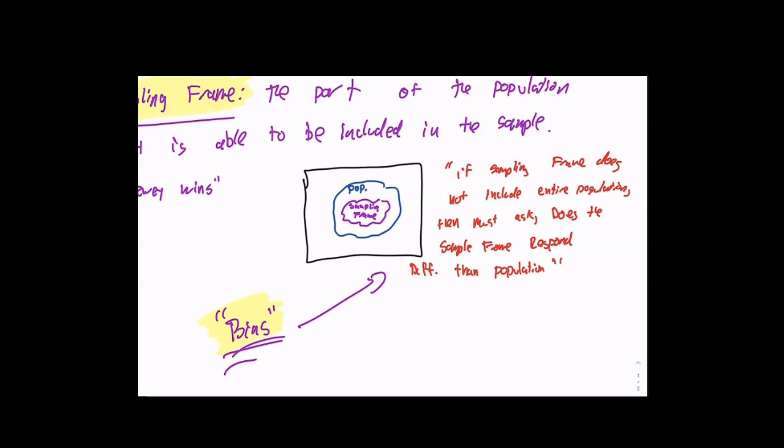But if I have a poor sampling frame, or if I take a sample that's terrible, then my responses will most likely be less than the population. So if I got a response of, let's say, 30% from my data, 30% said yes. Well, that doesn't mean the population necessarily is 30%.